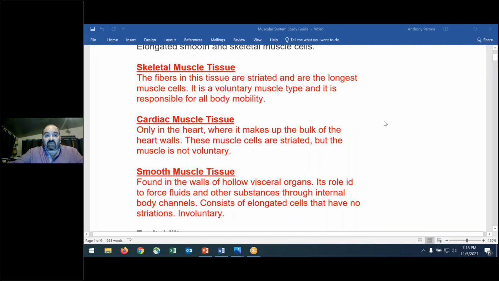You should know the difference between the different types of muscular tissue: skeletal, cardiac, and smooth muscle. Skeletal muscle is voluntary; cardiac and smooth muscle are involuntary. Skeletal muscle and cardiac muscle have striations present, and smooth muscle, hence the term smooth, does not.